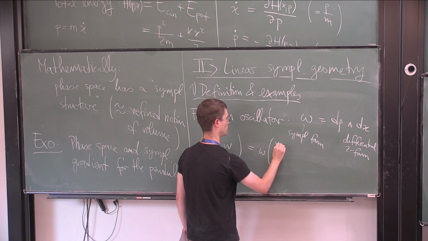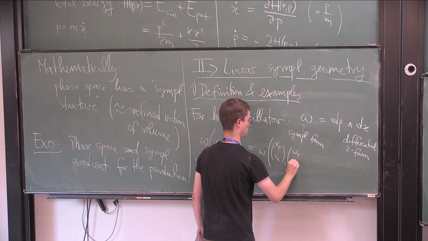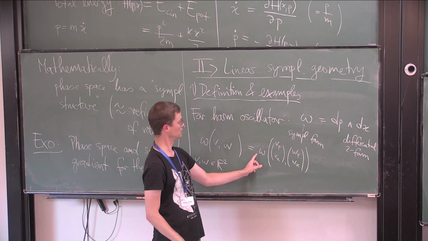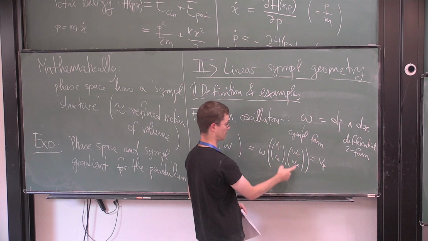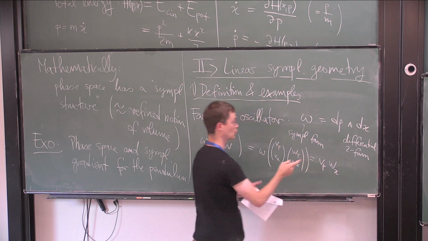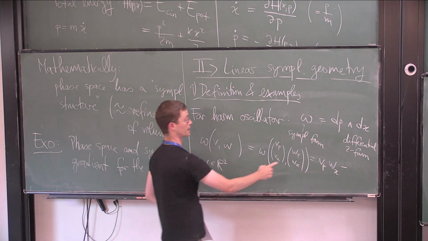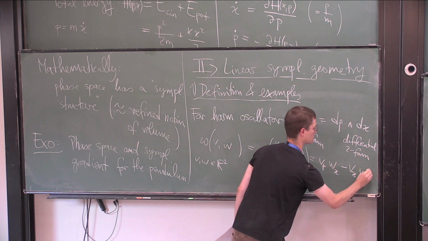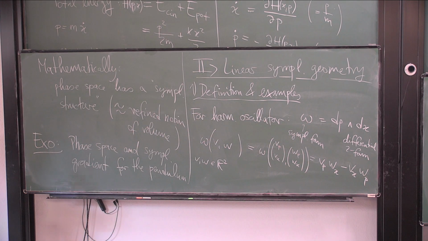The symbol dp wedge dx means that you take the p coordinate of the first vector, dp, and the x coordinate of the second one, and then you swap, but by swapping you take a minus sign. So now I take the x coordinate of the first one and the p coordinate of the second. This is how you evaluate a differential form on vectors.